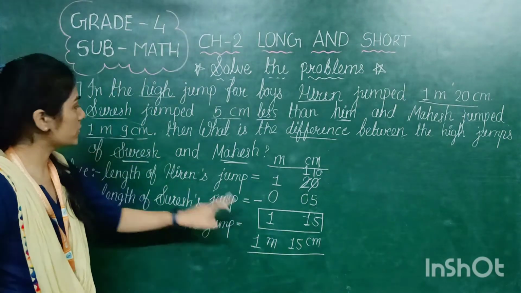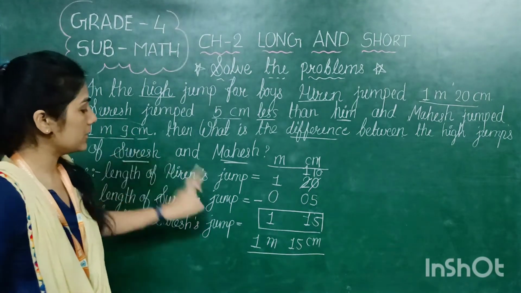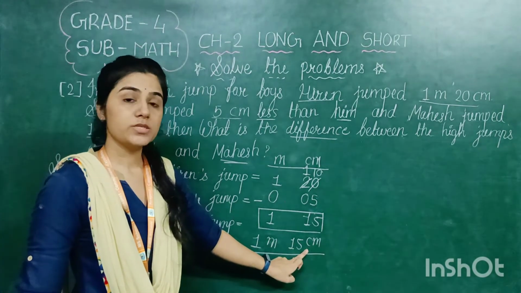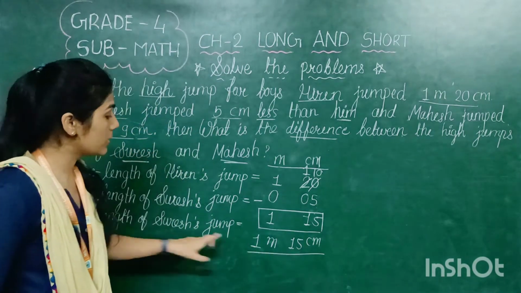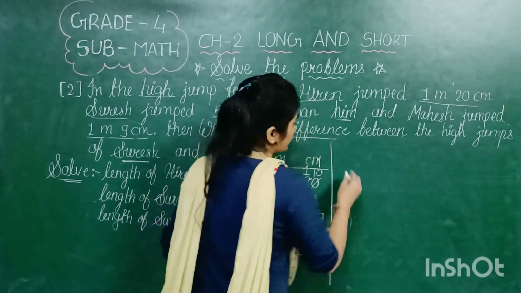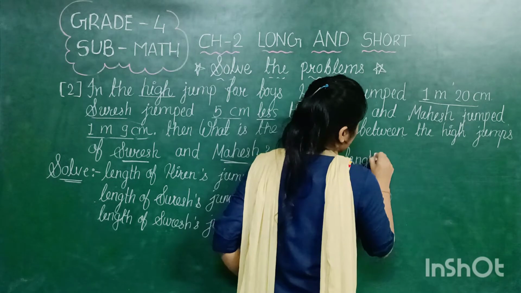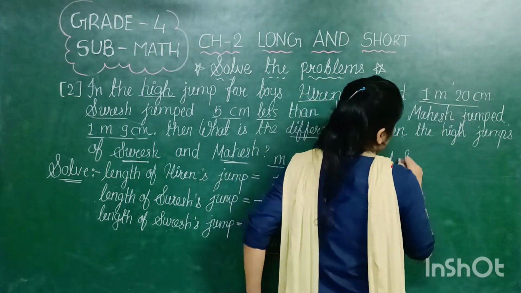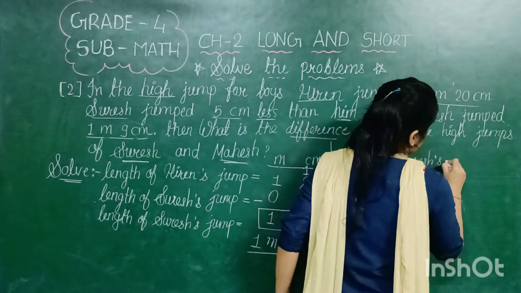So from both of these, which is big? 1 meter 9 centimeter, 1 meter 15 centimeter. So whose jump is big or else long? So Suresh's jump is long. So we can write this: length of Suresh's jump.